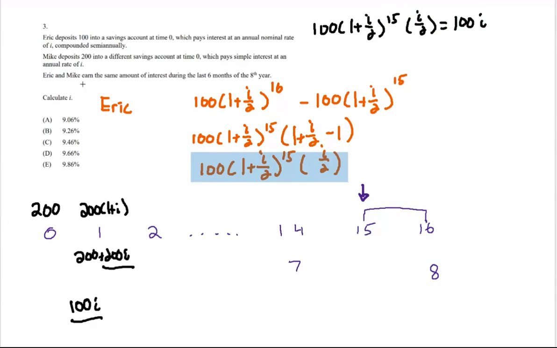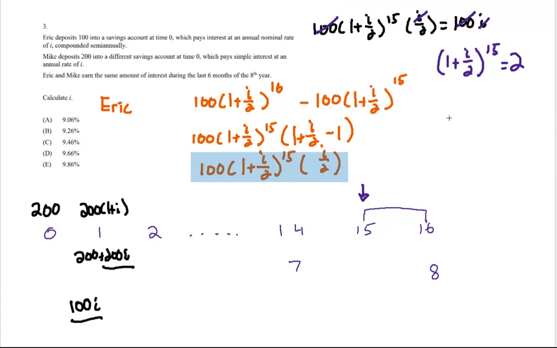So now we have a simple equation to solve. So cross out this, these cancel. This I cancels with this I. So be careful of what you have. 1 plus I over 2 to the 15th. Now this is divided by 2, so I multiply both sides by 2, I get 2. Okay.